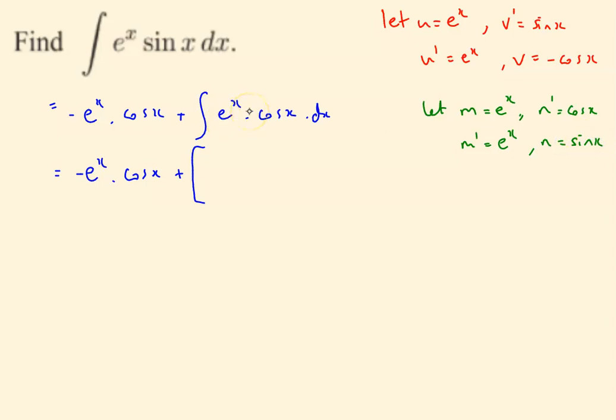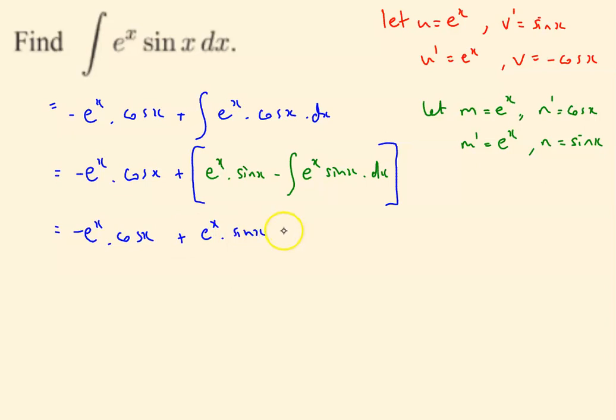So this expression becomes m times n, e to the x times sine of x, minus the integral of m'n, that's e to the x sine of x. Let's remove those brackets. So negative e to the x cos x, plus e to the x sine x, then minus the integral of e to the x sine x dx.